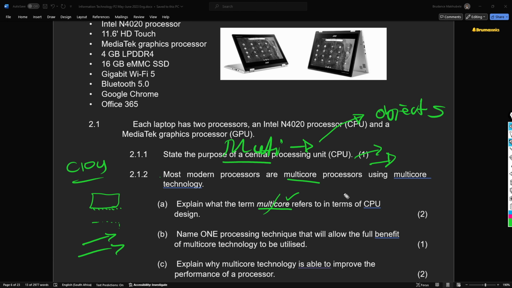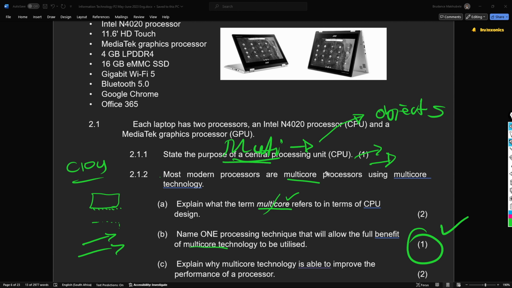So, name one processing technique that will allow the full benefit of multi-core technology to be utilized. So, for one, it means that we're expecting one. I think I've already mentioned multi-threading, so that will definitely be multi-threading. I've already spoken of multi-processing, so you can go for that as well.